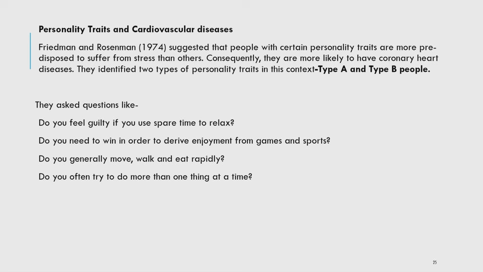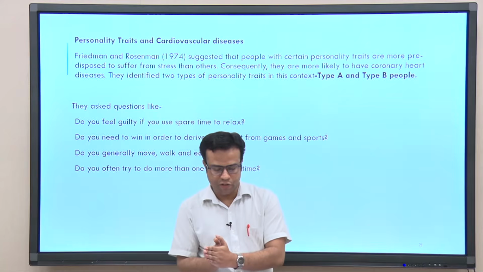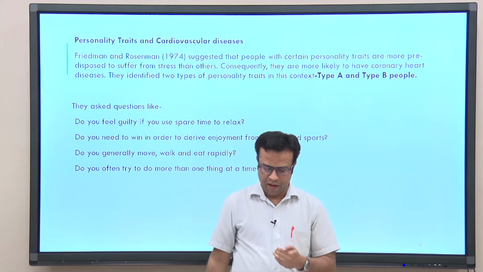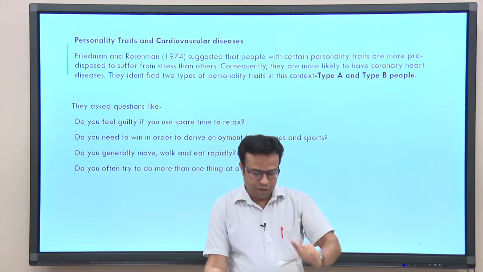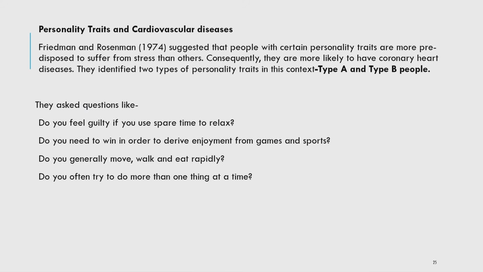Another important connection between stress and heart diseases is through personality traits. Two researchers and heart doctors, Friedman and Rosenman, in 1974 suggested that people with certain personality characteristics are more predisposed or vulnerable to stress than other people, because there are different characteristics of personality.